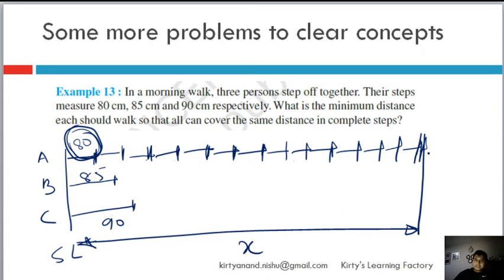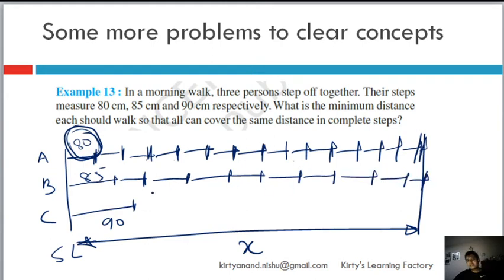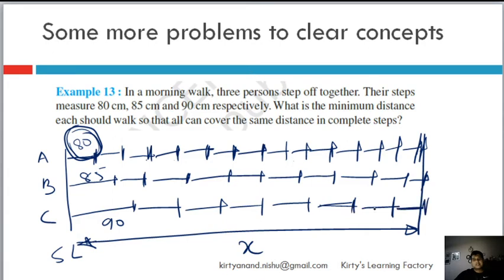But whatever distance this is, it is going to be a multiple of 80. Similarly 85 will take slightly less number of steps, right? If 80 is taking whatever steps to reach the same distance, then 85 will take less number of steps. But again this distance will be a multiple of 85, and similarly 90 will take even lesser number of steps because of larger step size. So for the same distance they will take less.